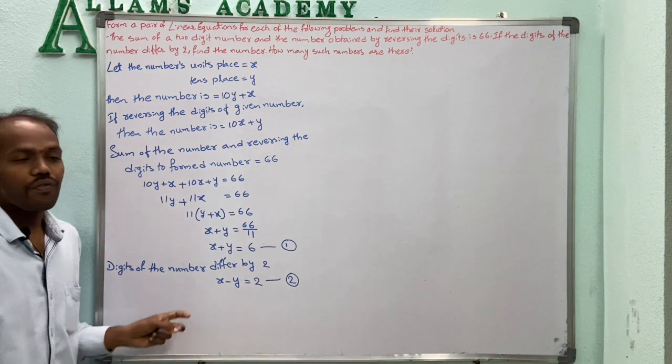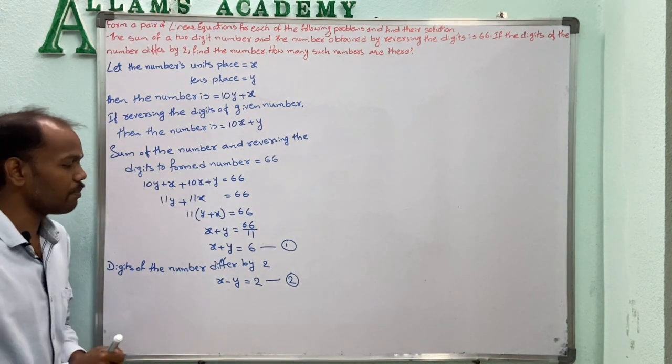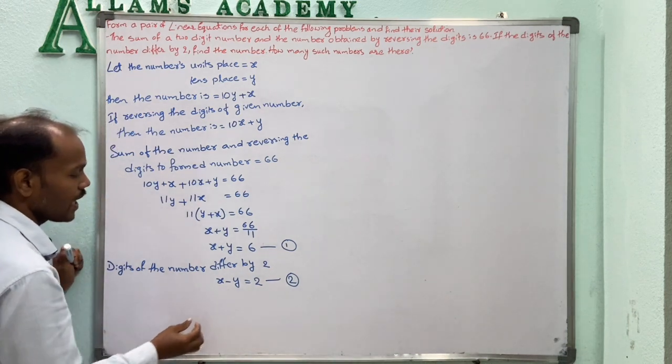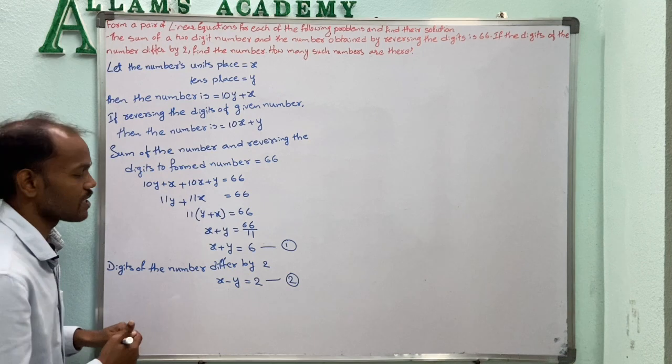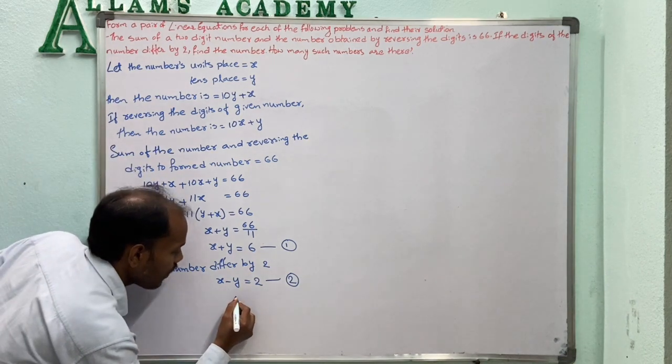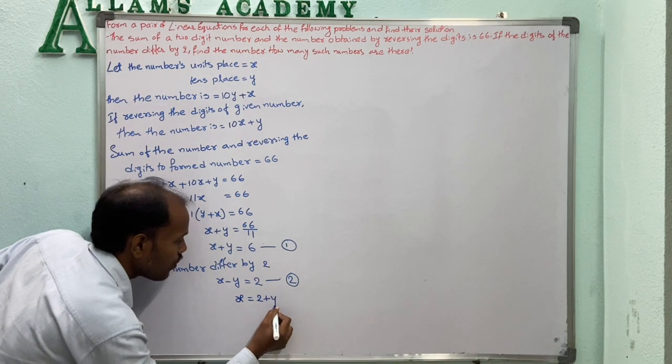Now if we solve these equations by the substitution method, then I am writing x equal to, this minus y transfers to this side as plus y. So x equal to 2 plus y.